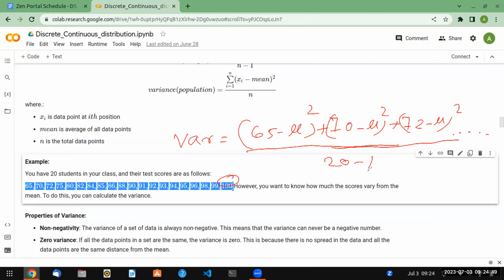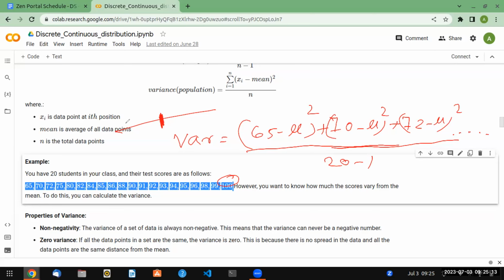Now, if I have the variance, what will that tell me? How the data is varying, and we'll try to understand with a diagram of the distribution. Don't worry. But at this point, try to understand that variance means how the data deviates from the mean value. Mean value is always the center value, right?